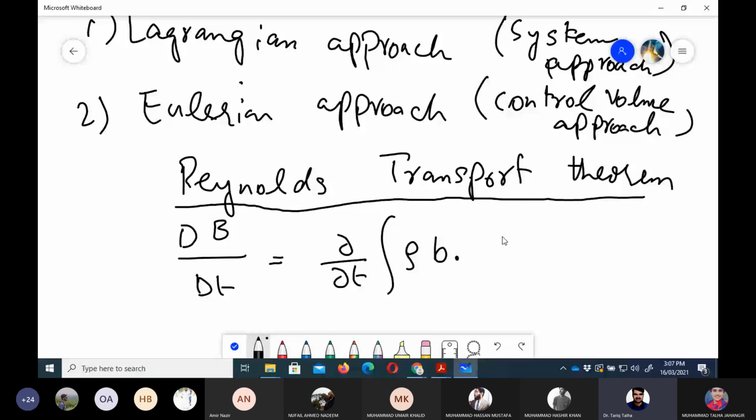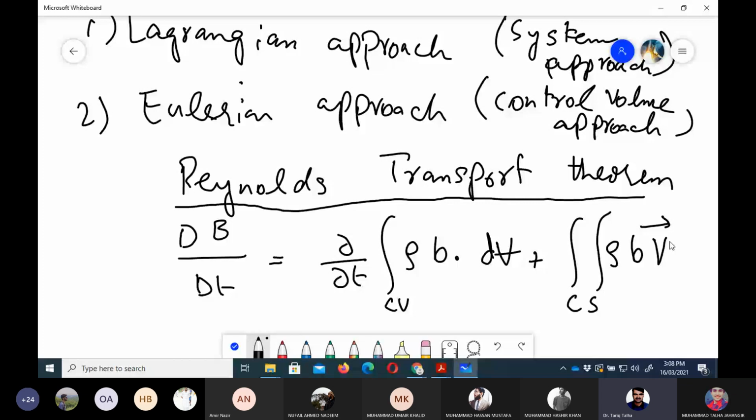This is over the control volume, and then we need the inflow and outflow term across the control surface, which is the integral of rho b (V · dA).